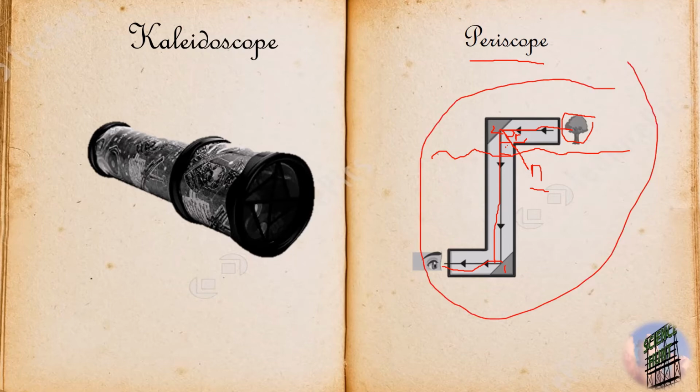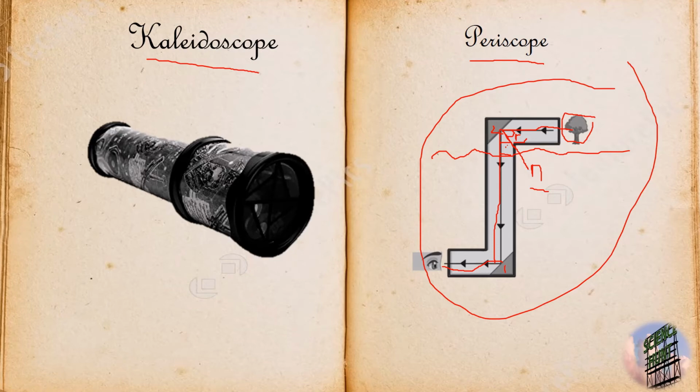Now coming to kaleidoscope. Kaleidoscope is an object from which if you view, then you can see multiple images, because the multiple images reflect back in a prism. There is a prism in the kaleidoscope, and I'm going to show you an activity of the kaleidoscope after this.